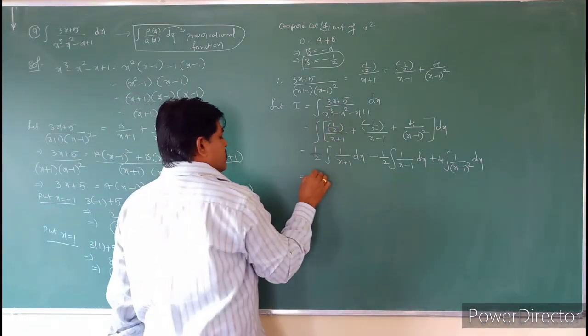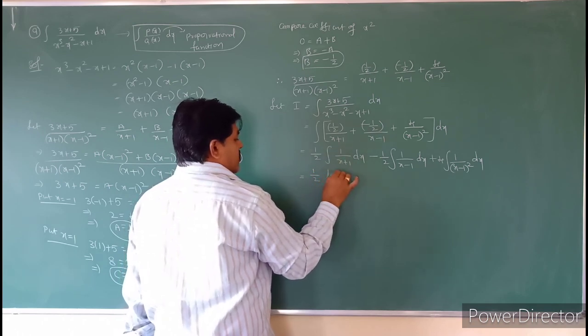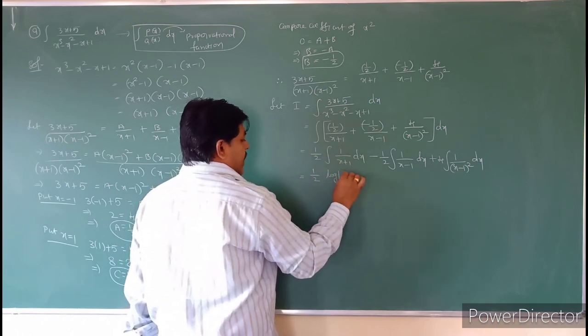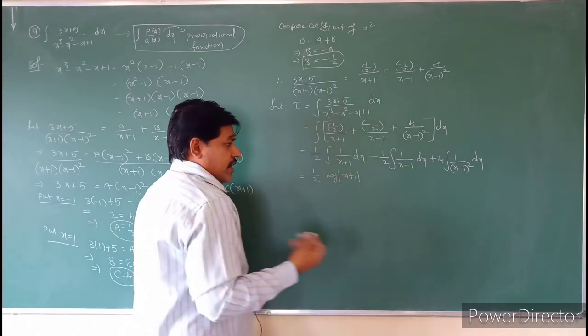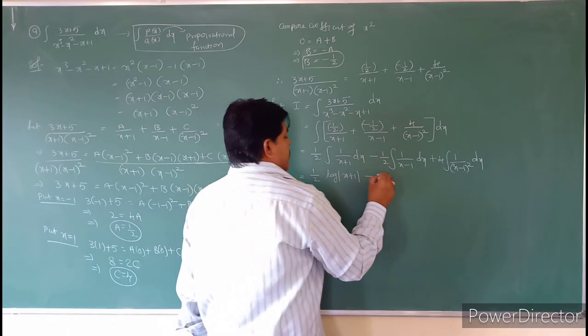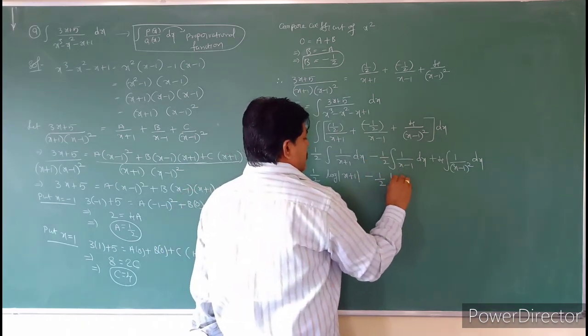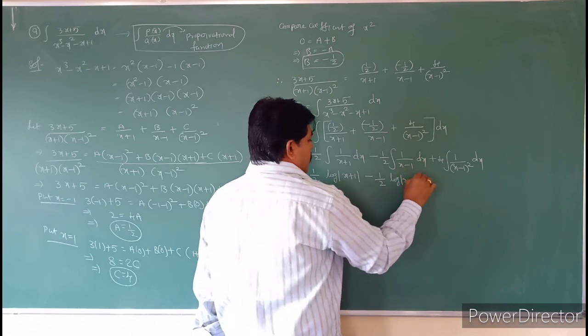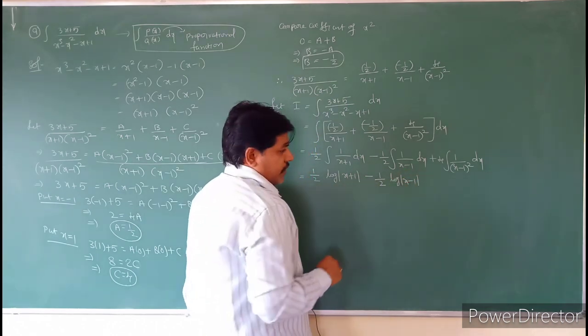So that is equal to 1 by 2 into, the integral of 1 by (ax plus b) is log of mod (ax plus b) by a. For x plus 1, the derivative is 1, there is no need to write. Minus 1 by 2 into the integral of 1 by x minus 1 is log mod x minus 1, derivative is 1, there is no need to write.